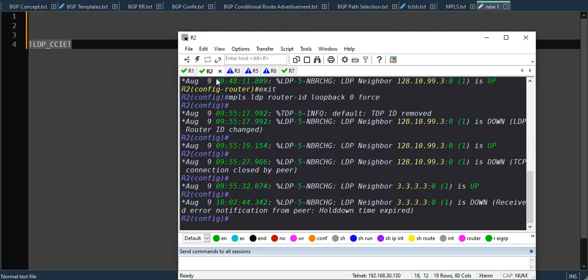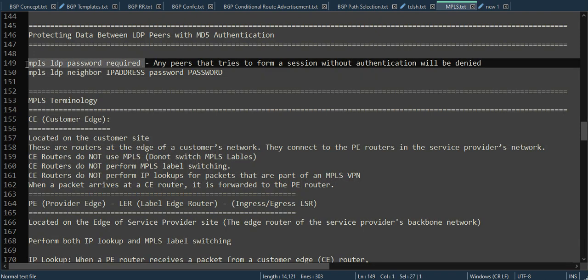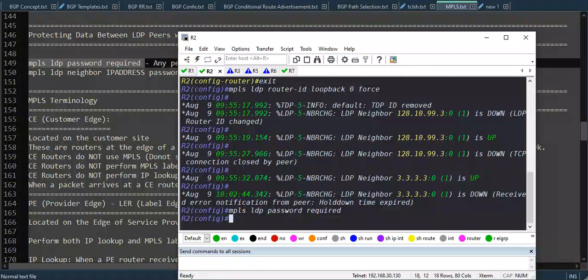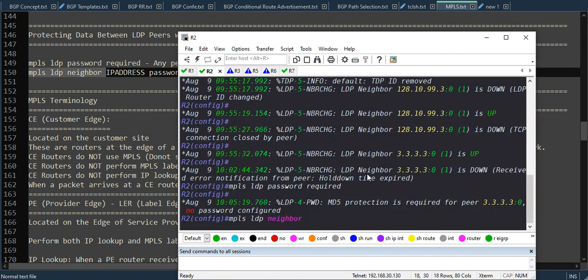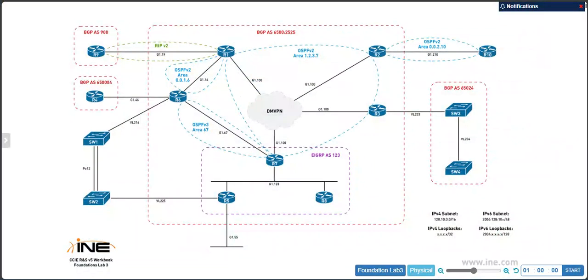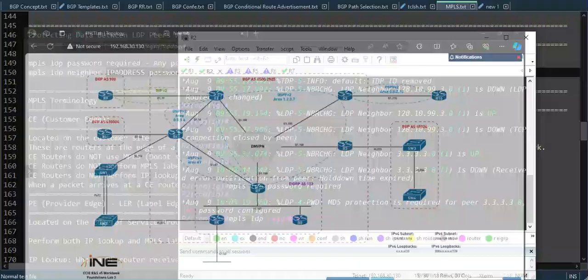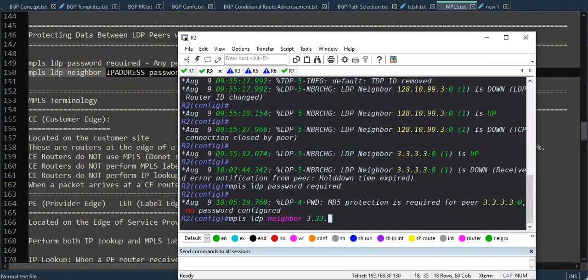Let's come to R2. MPLS LDP password required, and then the LDP neighbor. R2 has only one neighbor, 3.3.3.3.